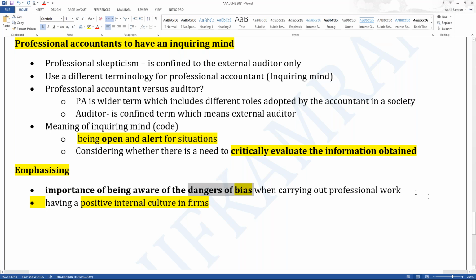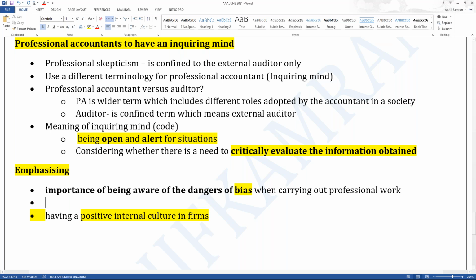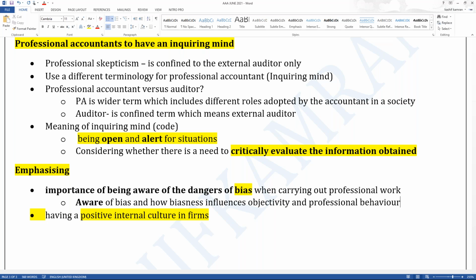So as an accountant, you should be aware of bias and how bias influences objectivity and professional behavior. I hope that's pretty simple to understand, right? How bias influences your objectivity and professional behavior as an accountant.